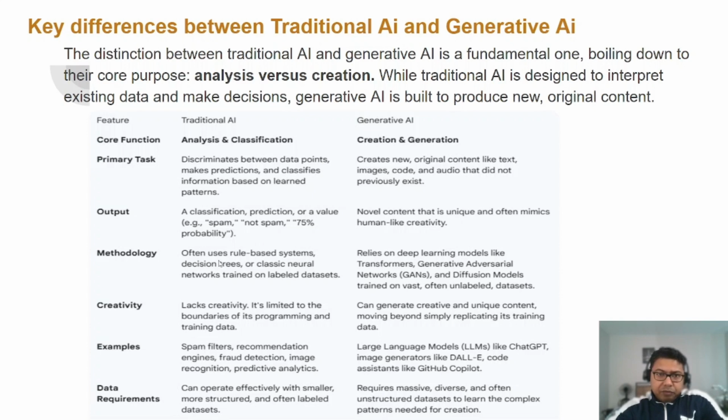Methodology: traditional AI often uses rule-based systems, decision trees, or classic neural networks trained on labeled data sets. Generative AI relies on deep learning models like transformers, generative adversarial networks, and diffusion models trained on vast, often unlabeled data sets.